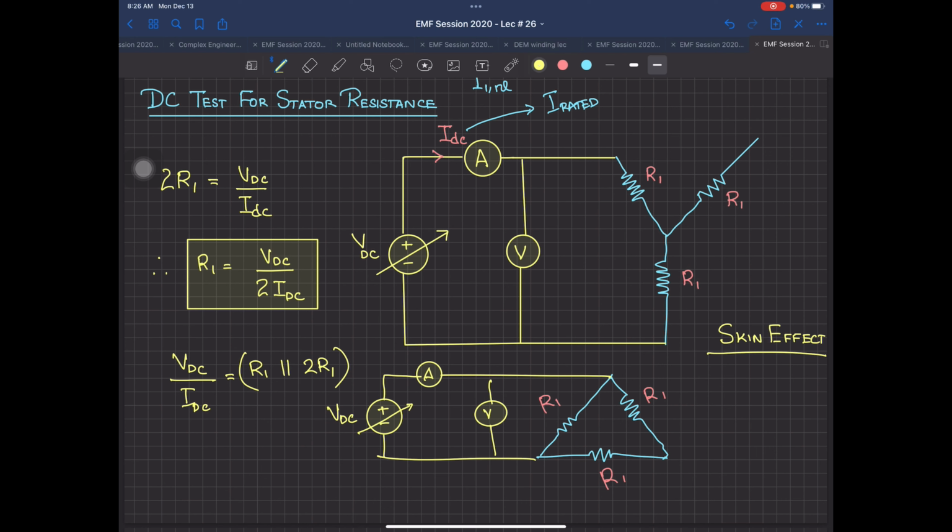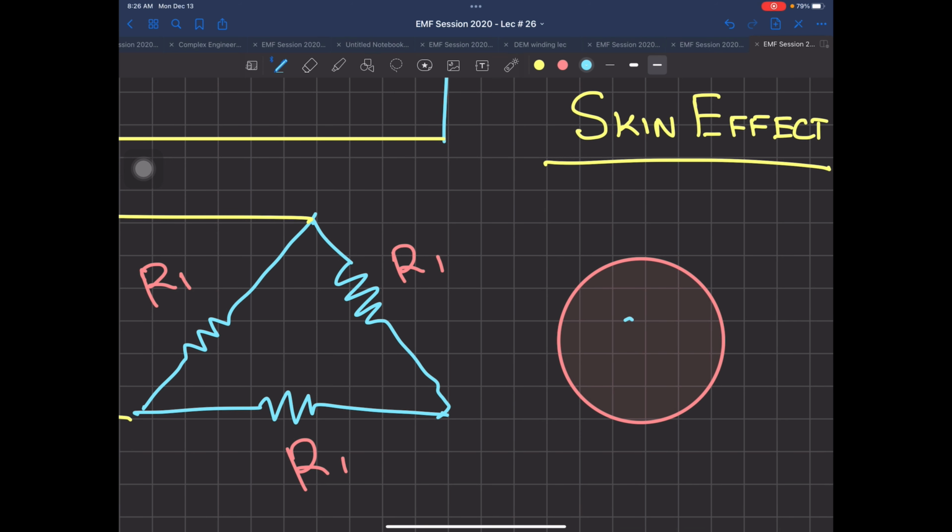So if you have a cross-sectional area, for example a wire with current flowing in it, let me call this the center. The current is only going to flow in the outside skirts of the conductor and the center will remain empty. This is because the high frequency current always tries to flow on the skin of the conductor. It is a natural phenomenon occurring in your conductor.